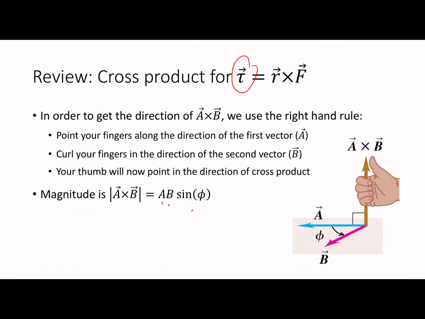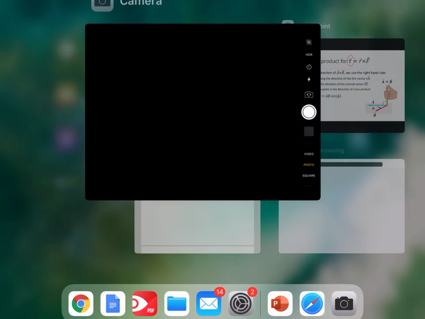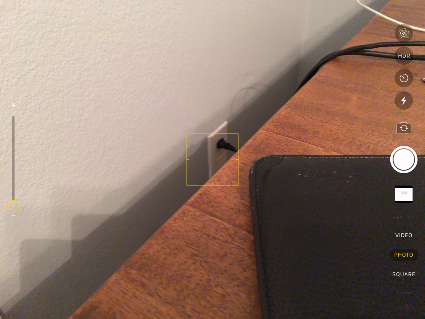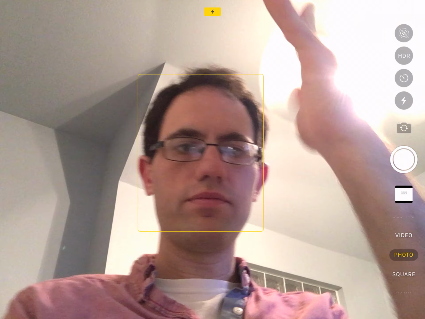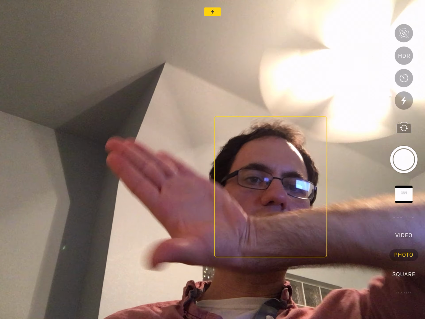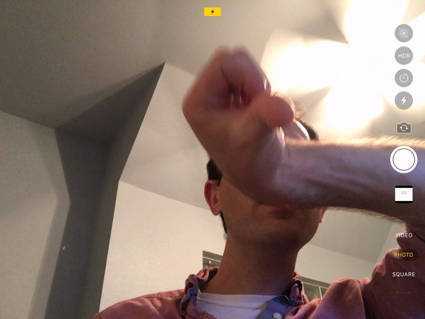You're going to use the right hand rule. So I want everyone to do this. Take your fingers, point them straight out. If this is vector A, I'm going to point my fingers in the direction of vector A. If vector B is, let's say, up in this direction, I'm going to curl my fingers in the direction of B, and my thumb is going to point in the direction of the cross product.